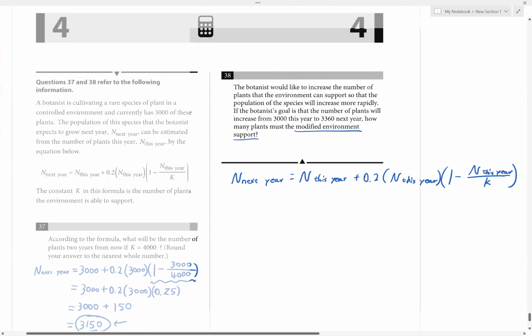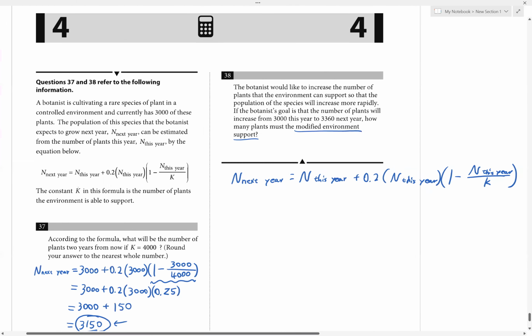If you go back to the question one more time, it says the constant K in the formula is the number of plants the environment is able to support. So pretty much for this question, we're solving for K.